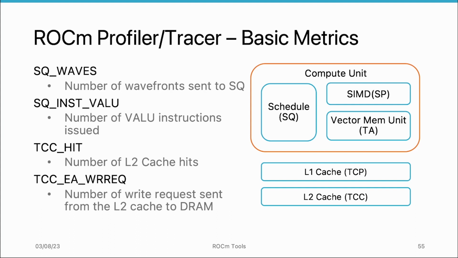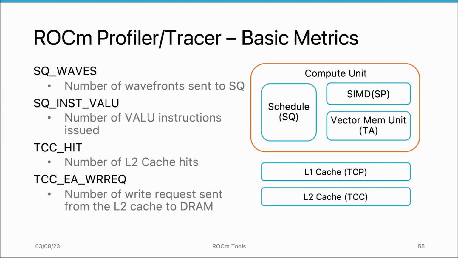On the right side of the slide, we can see the various hardware components such as compute unit, L1 and L2 cache, which have subcomponents like scheduler, SQ, SIMD termed as SP, vector memory unit termed as TA, L1 cache termed as TCP, and L2 cache termed as TCC.